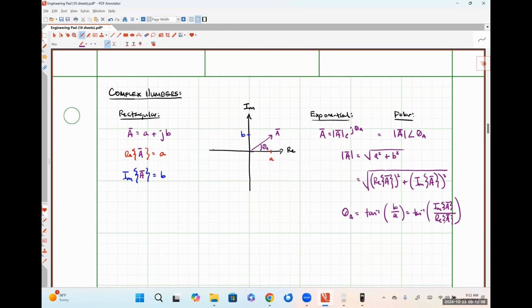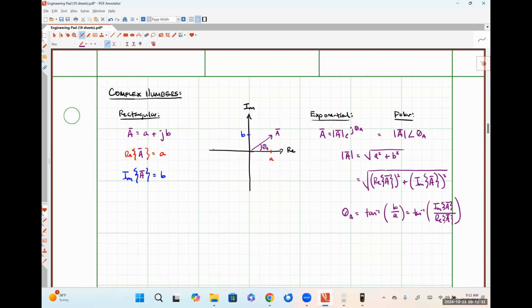So if we have a rectangular form complex number, we can get the polar form or the exponential form by simply applying these relationships, okay? If we had to do it by hand. There is a caveat to that I will talk about in a moment, that your calculators do not suffer from, which is why I think it's so important that you learn to use your calculators effectively.